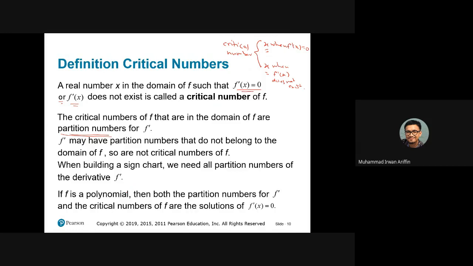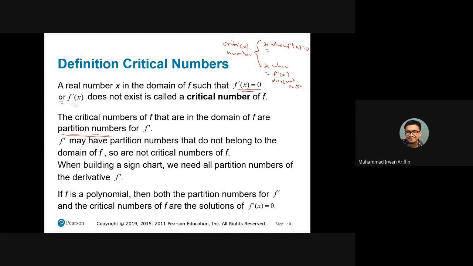So if f is a polynomial function, then both the partition numbers for the derivative and the critical numbers of f are the solutions of f prime of x equals 0.